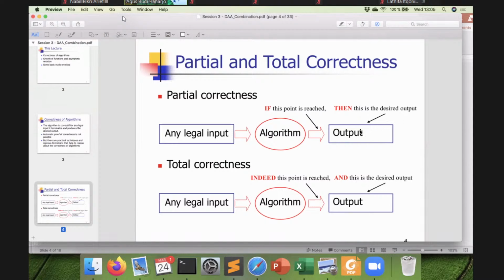The output is something else. That's partial correctness. While for total correctness, whatever the workflow of the algorithm, at the end, at this point, the desired output is always achieved. So that's total correctness.